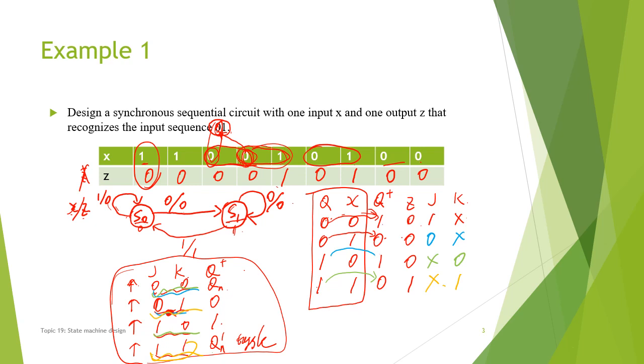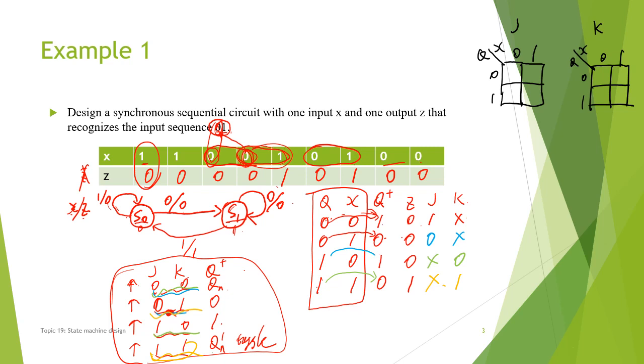Okay, once we have this, we need to use the K-maps. So this is a two variable K-map to get the expression for J and K. So for J, we have 1 0 x x.